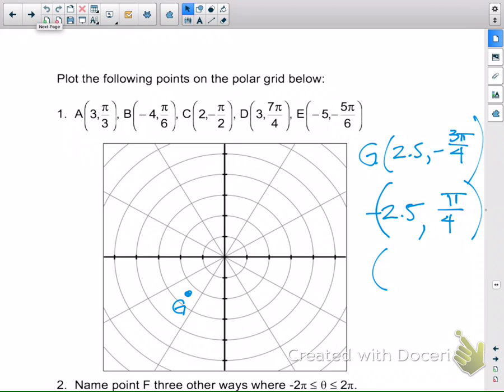Counterclockwise to that is 5 pi over 4, and you're still going in the positive direction. That's one way to do it. How do I get to pi over 4 in a negative direction? Backwards how far? Backwards 7 pi over 4. Keep your radius negative.